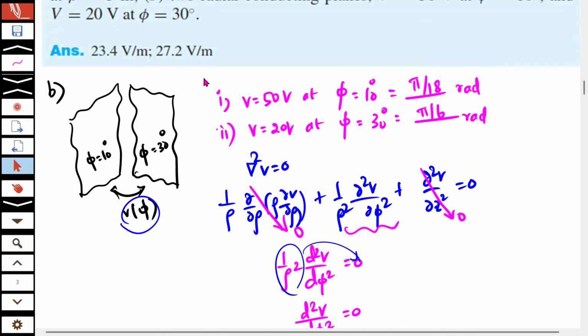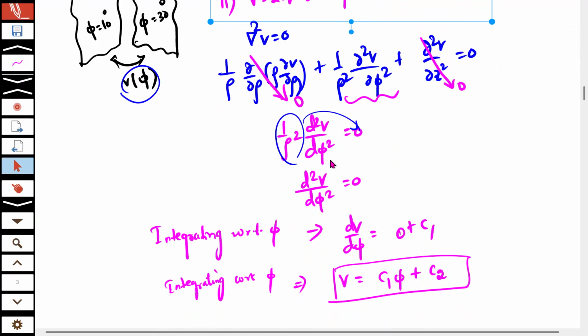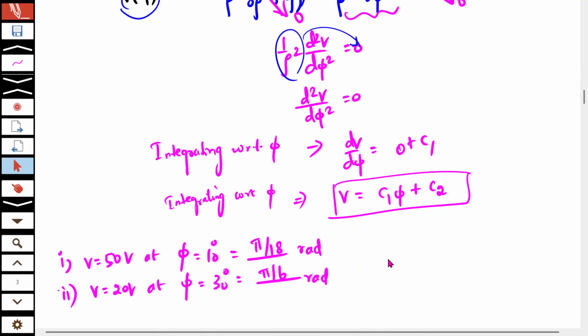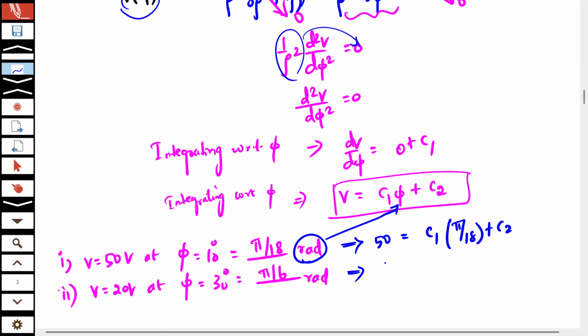So let us take these two boundary conditions, and we have to apply them for angle phi in radians. First, applying this boundary condition, we get 50 equals c1 into pi by 18 plus c2. The angle phi must be used in radians.